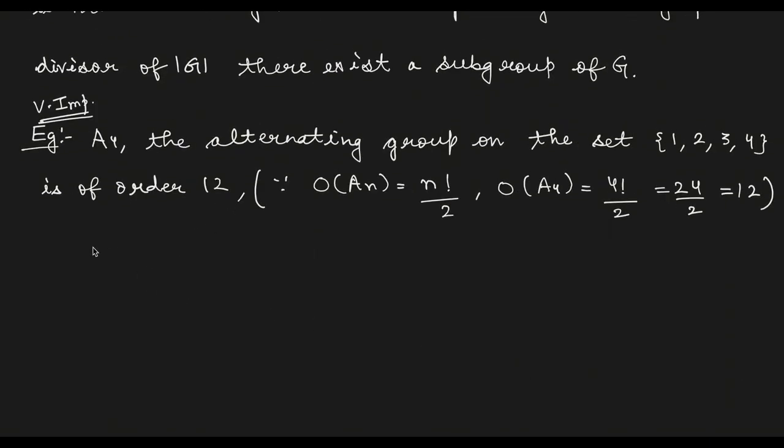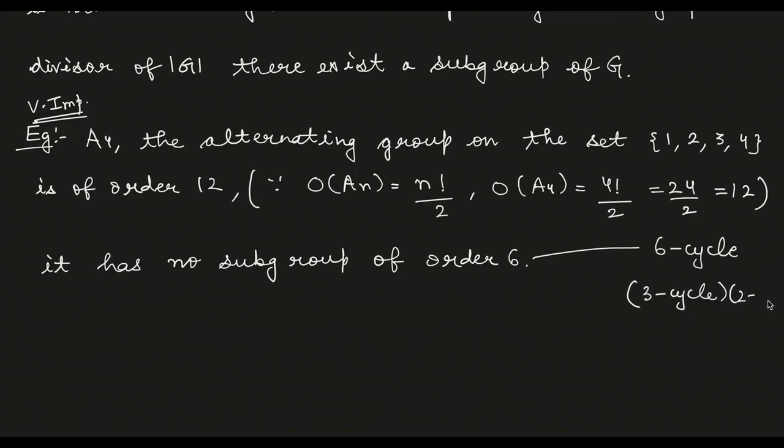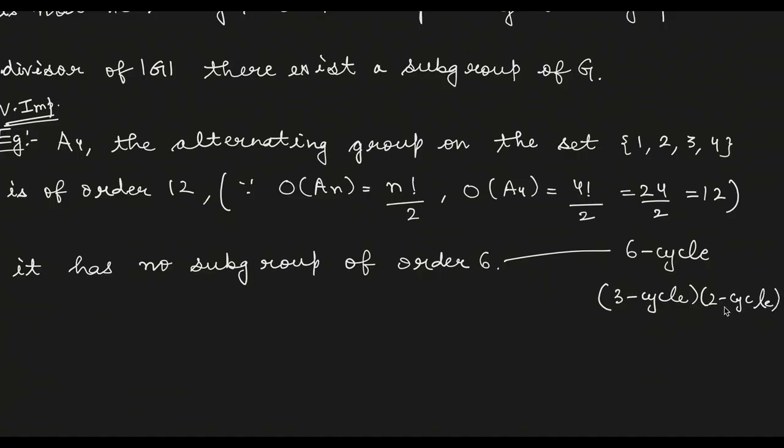It has no subgroup of order 6. Now, order 6 is possible if it is a 6-cycle or if it is a 3-cycle and a 2-cycle, because the order of a 3-cycle times a 2-cycle is simply their LCM, right?